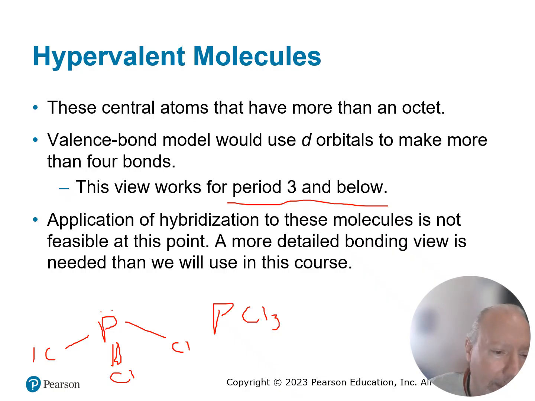But if we count the lone pair of electrons, we get a tetrahedral molecule, and tetrahedral means this has to be sp3, right? It has to be sp3 with respect to the phosphorus. And then chlorine has p orbitals that it can donate to the central atom.